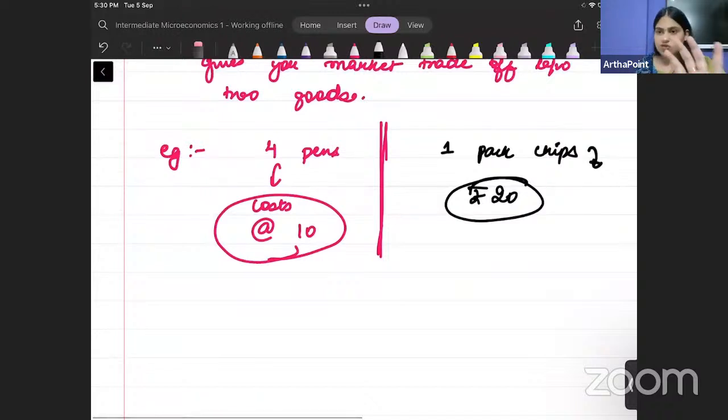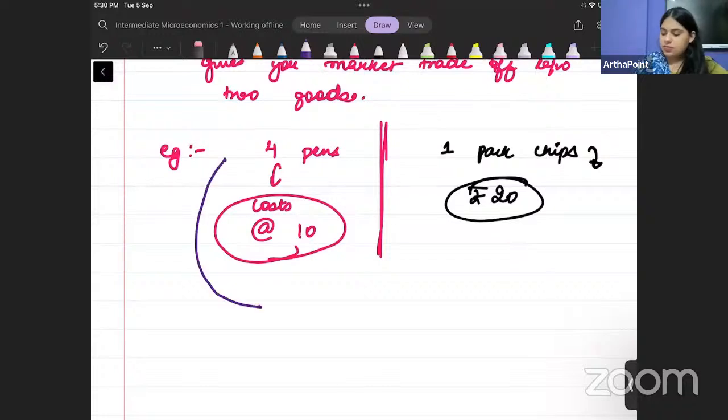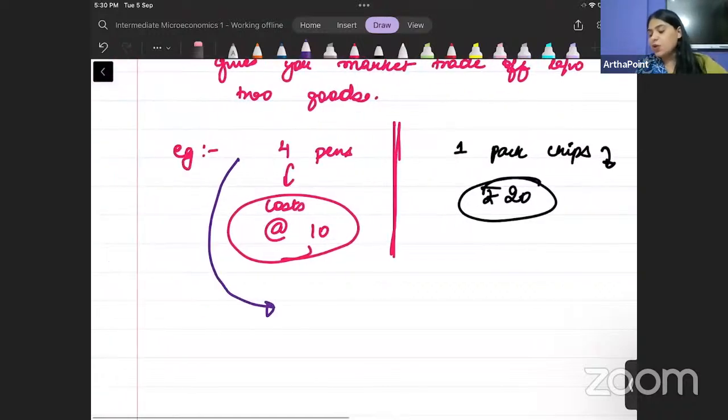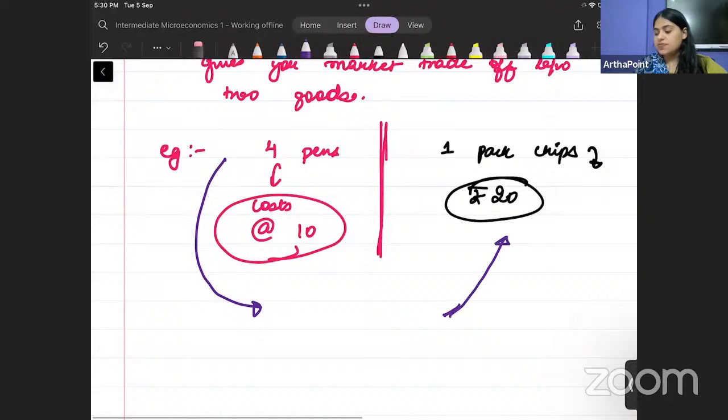You don't have any money. Just think like this: you have just 4 pens with you, and now you want to somehow get 1 packet of chips. What can you do? You can go to the market. How many pens will you have to sell to get 1 packet of chips?